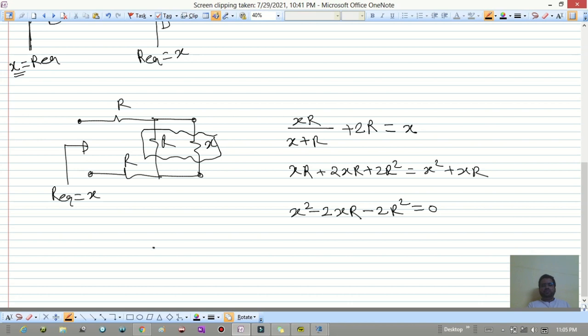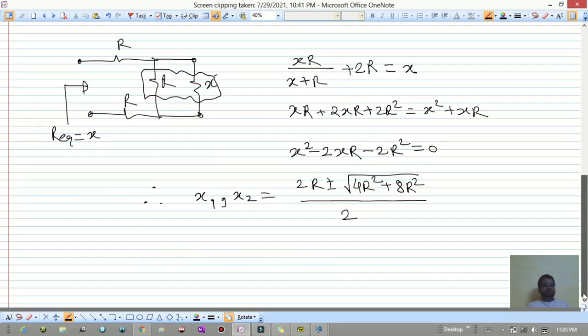Now this equation is quadratic in X. So therefore the roots x1, x2 are equal to minus b, that is 2R, plus or minus square root of b squared minus 4ac, that is 4R squared plus 8R squared, divided by twice a, so 2.